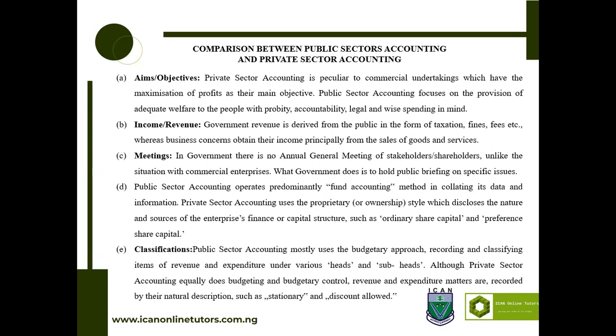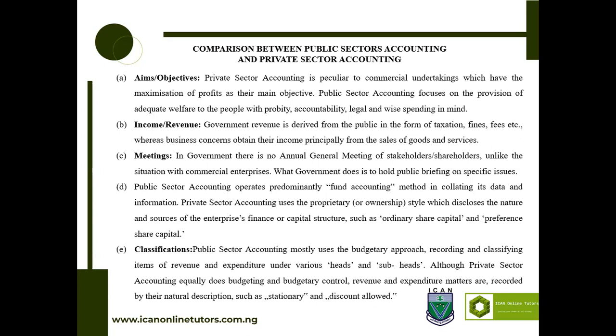Fines are on defaulters, those going against the law, and fees are expected payments on any services being rendered or enjoyed by citizens. Why the private sector generates their revenue through the sales of goods or services rendered.